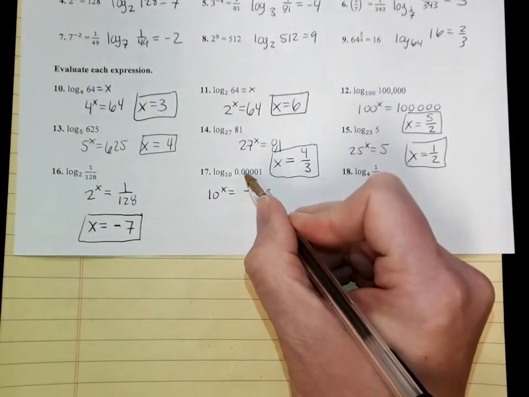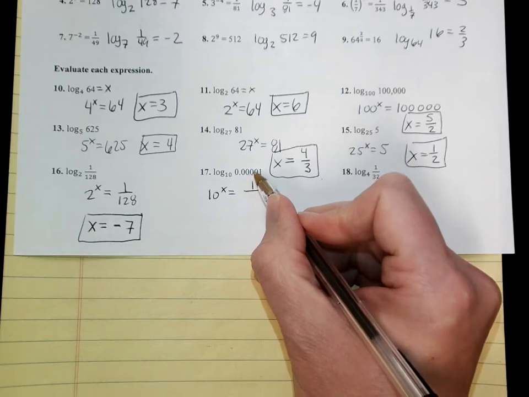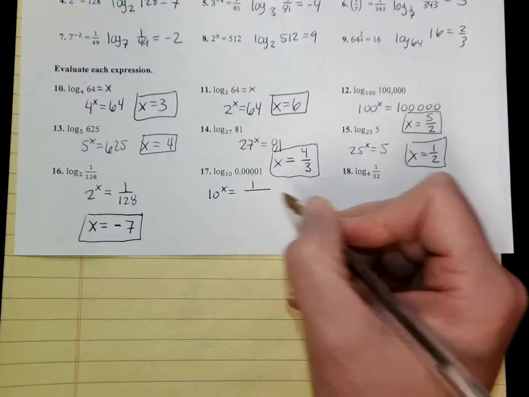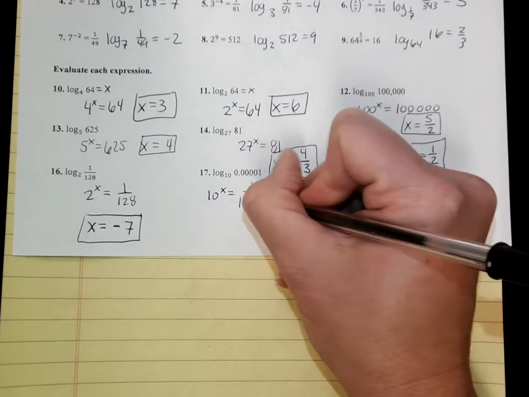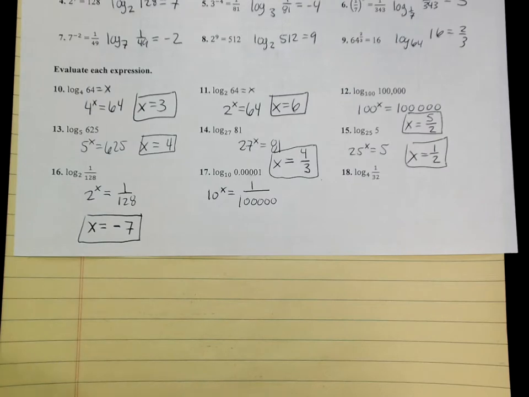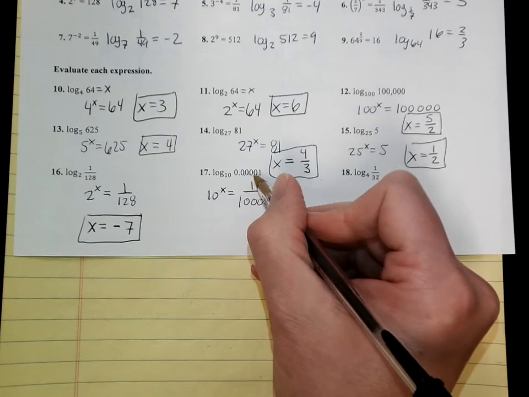So if this has 1, 2, 3, 4, the decimal needs to move 5 times, so that should be 1, 2, 3, 4, 5 zeros. You might double check me because sometimes I get a little distracted with all my zeros. 5 zeros. 1, 2, 3, 4, 5.